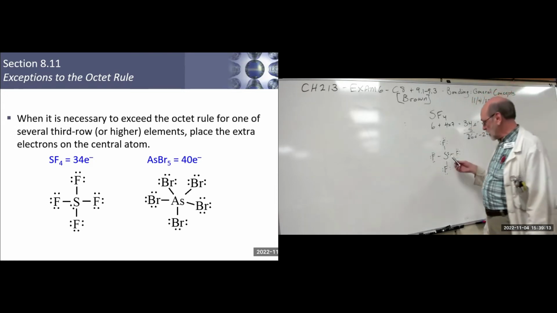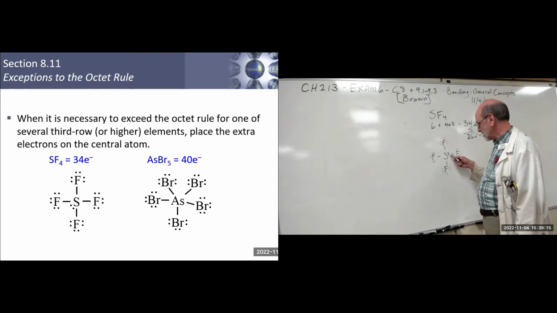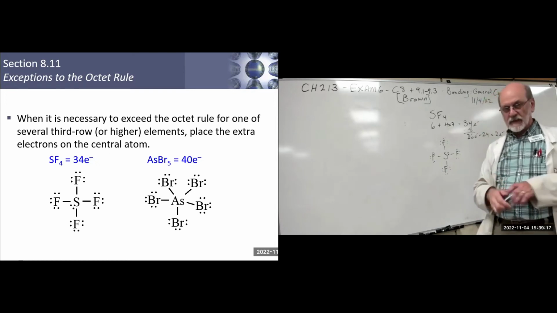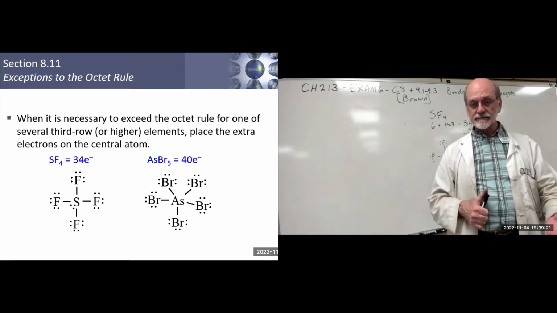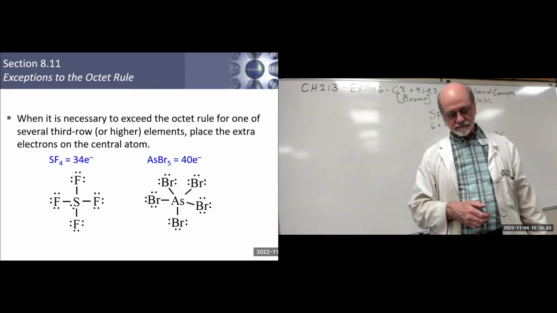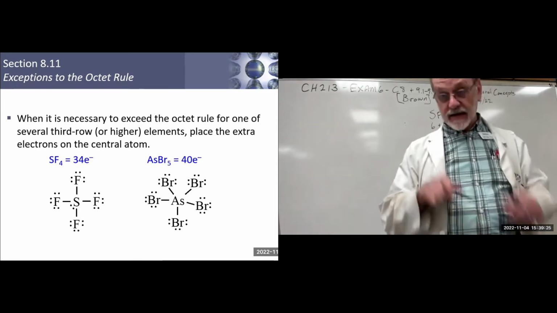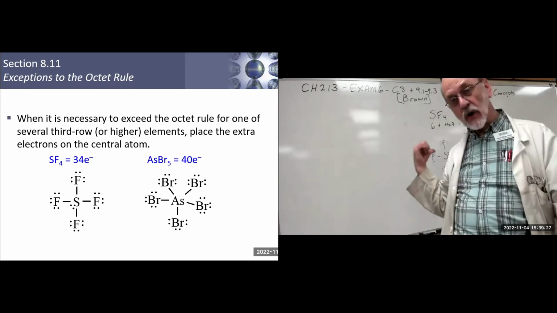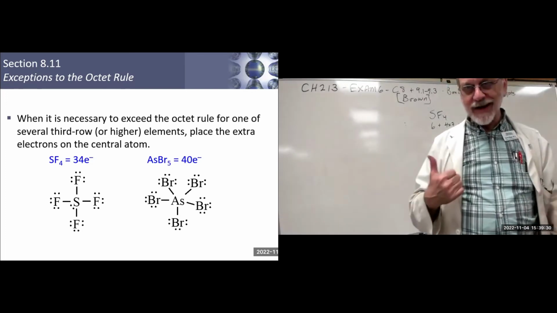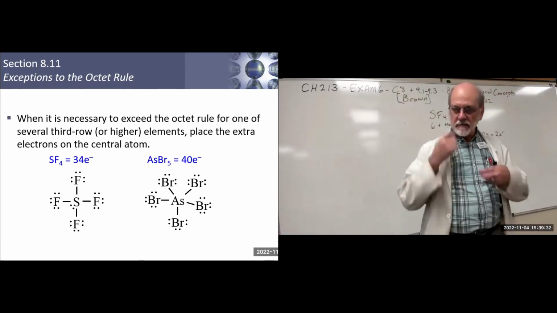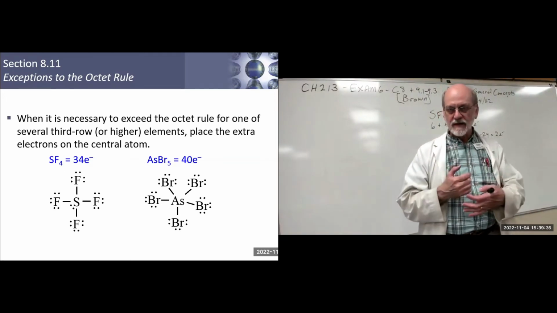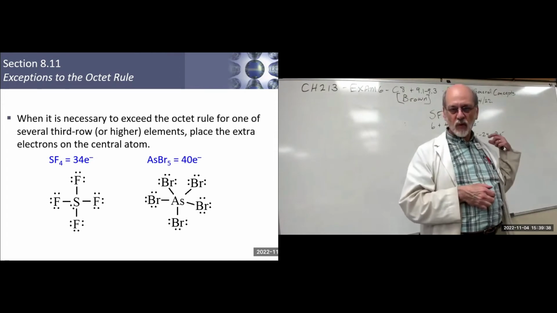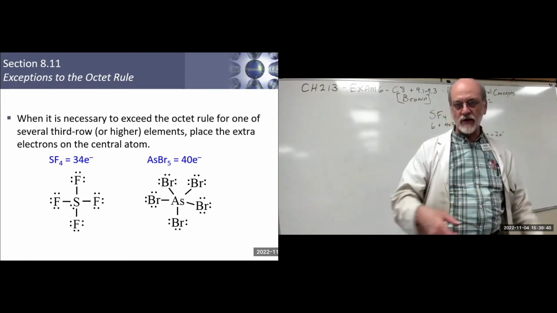Now we see that sulfur's got 2, 4, 6, 8, 10 electrons. It exceeds the octet. And it exists, so we know that that molecule is right. It's just that this Lewis dot structure method forces us to put more than 8 electrons on that sulfur.